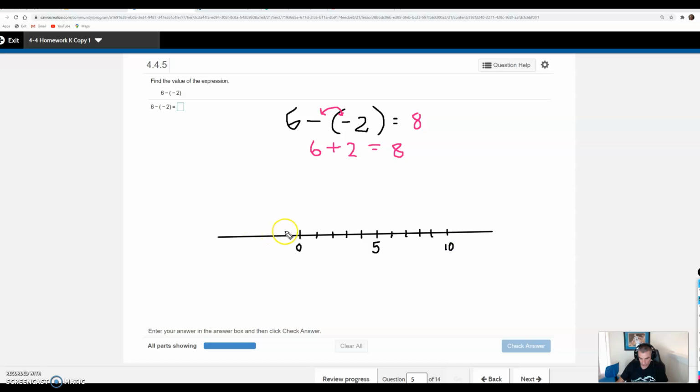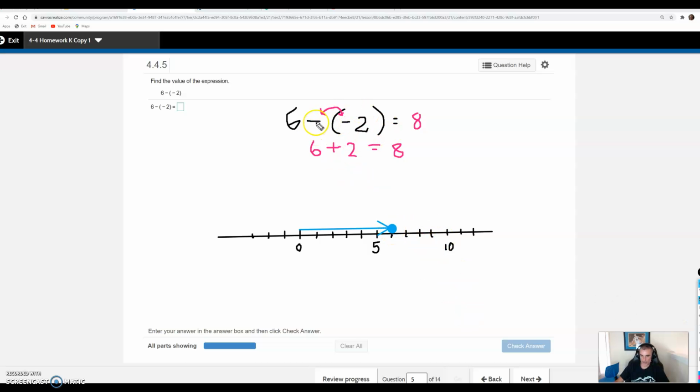I could put more lines, but I think I'm good. The number I'm starting with is 6, so I start at 0, go over to 6, and put a nice dot there. That's where I'm starting.